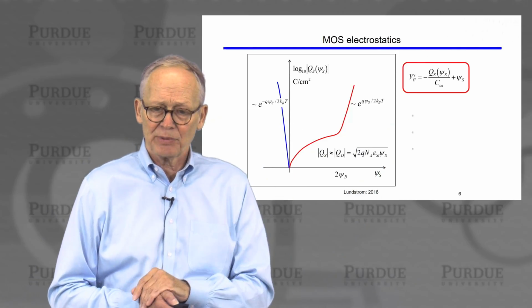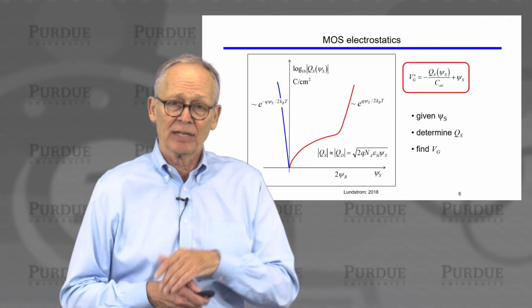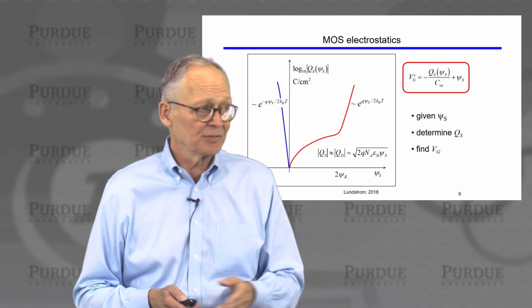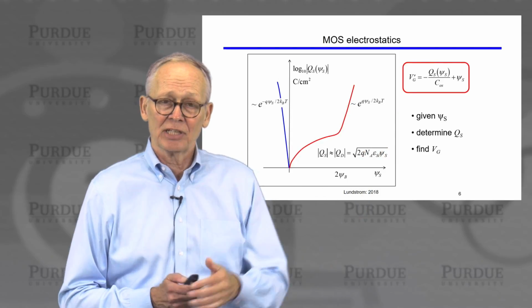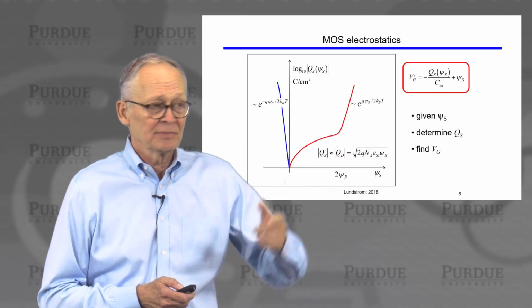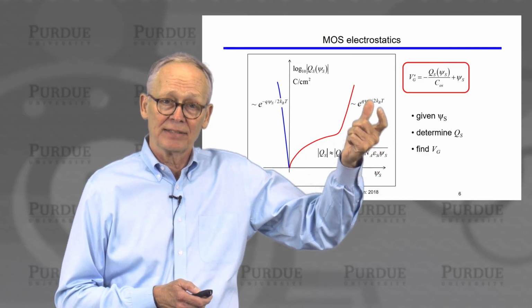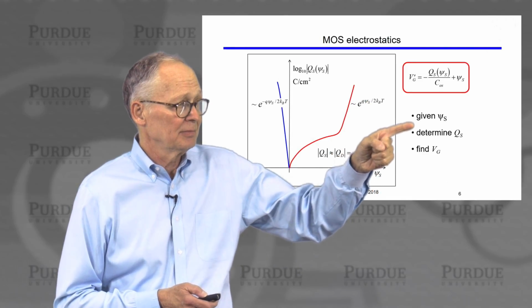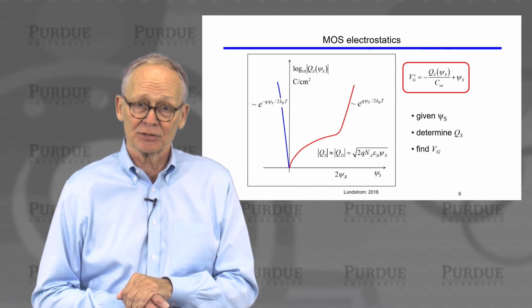So we could take this expression, and if we are given a surface potential, in principle any surface potential, we could determine the charge in the semiconductor, plug that into this expression, and find what gate voltage produced that given surface potential.